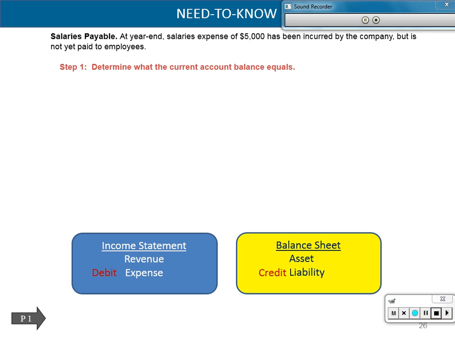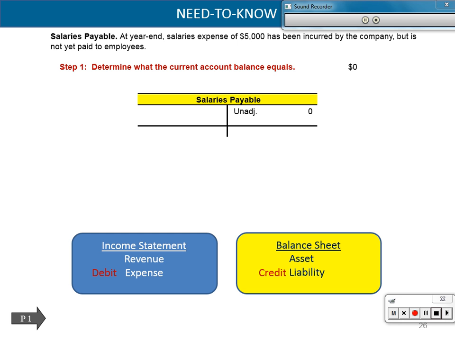So let's look at this example. Salary, year end, expense, $5,000 that has been incurred. So that means the current account equals what? 0. Why is it 0?